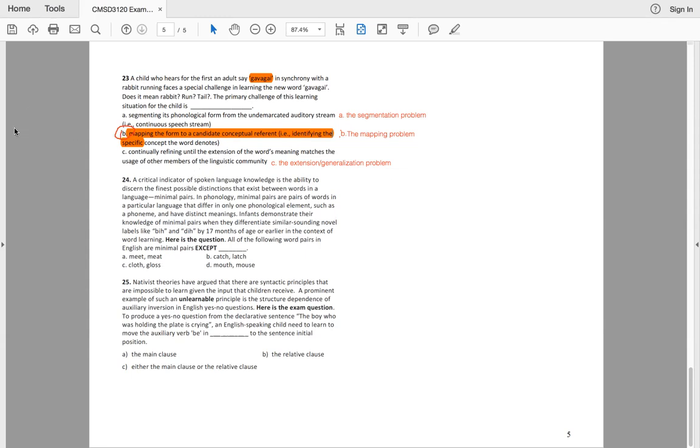So, for example, the word ma with first tone and ma with second tone in Chinese. So this is the minimal pair.